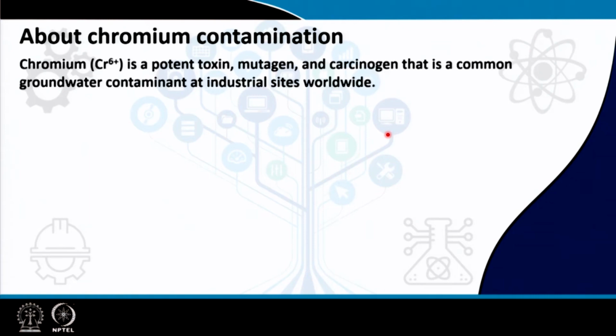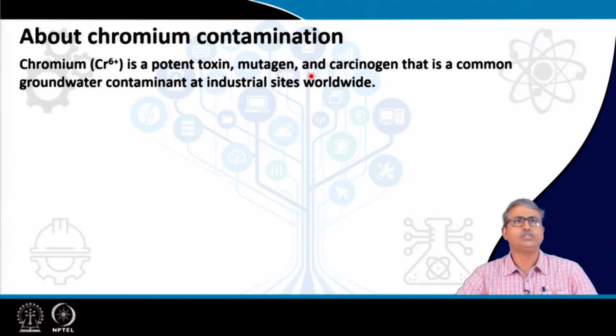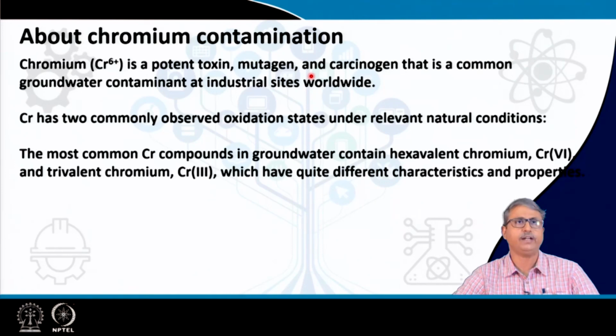Chromium in its hexavalent form is a potent toxin, mutagen and carcinogen, and a common groundwater contaminant at industrial sites worldwide, no matter whether it is a nuclear facility or a non-nuclear facility. Hexavalent chromium is a very commonly used industrial chemical, and it is often found in many industrial waste contaminated sites, including India.